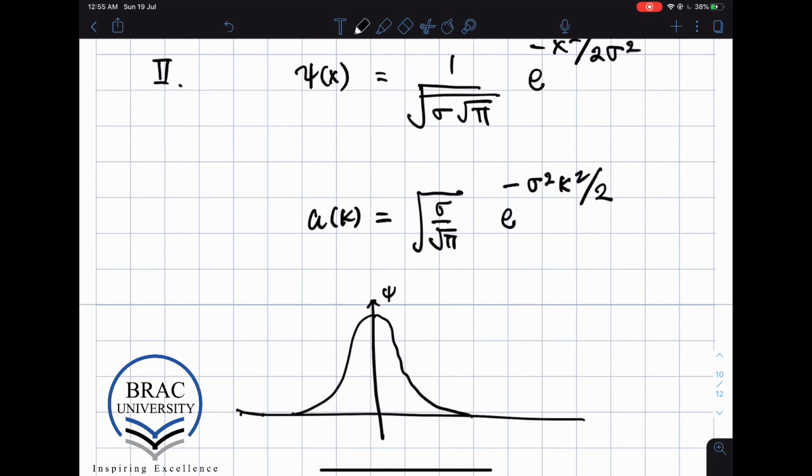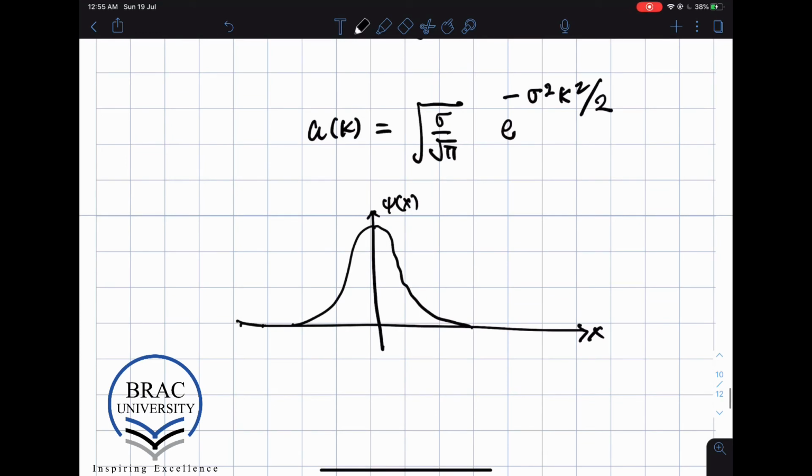This is psi of x, and we can define the width of the Gaussian to be that determined by the cutoff where the height of the function psi of x falls to 1/e of the highest height.